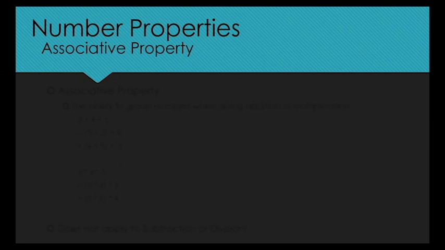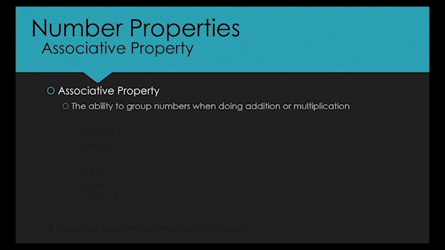Property 2 is the associative property, the ability to group things. Say we are adding 3 plus 4 plus 5. We can group them and do 3 plus 5 first, or 4 plus 5 first. It doesn't matter, both will give us the same result. It's the same story with multiplication.